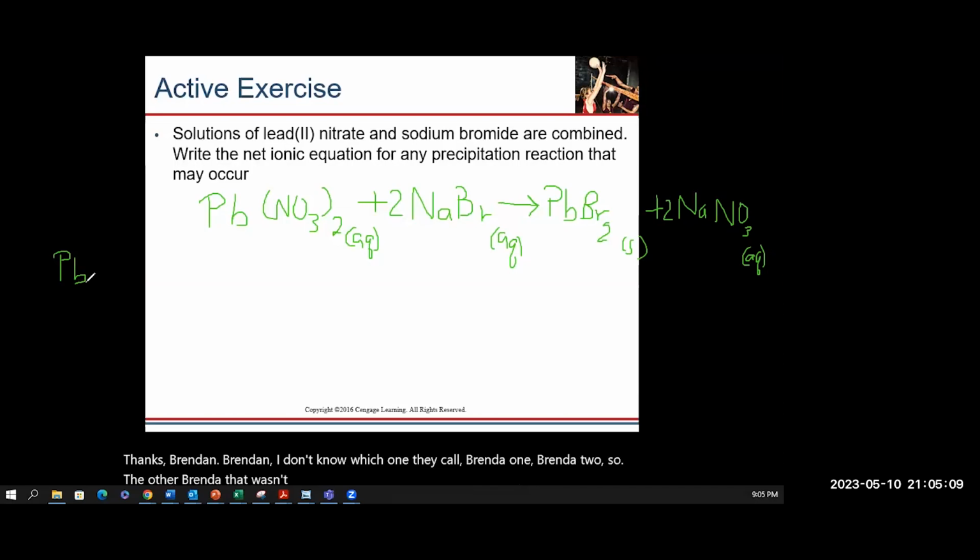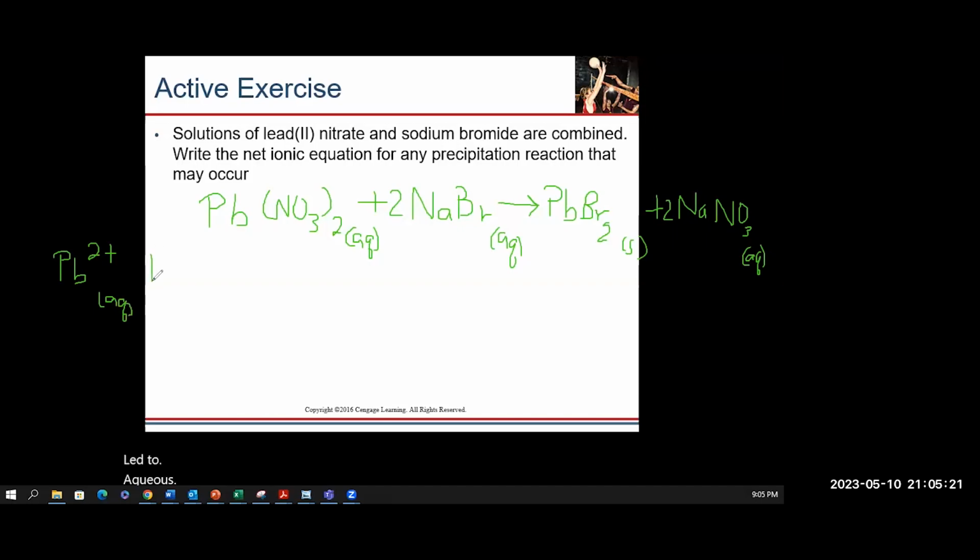So we know that we're going to end up with lead 2, aqueous. And then how many nitrates are we going to end up with? 2. Okay, that's correct.